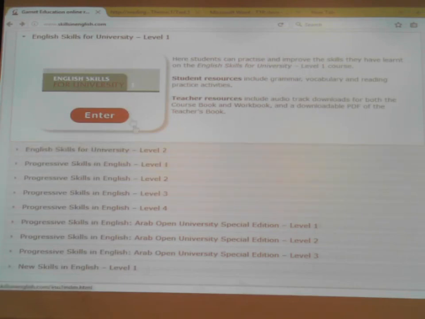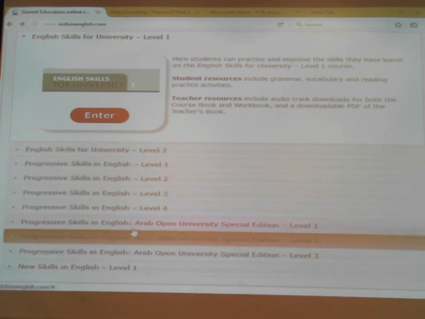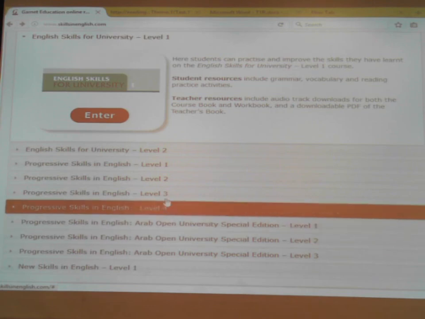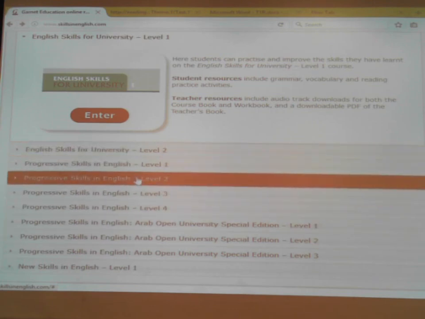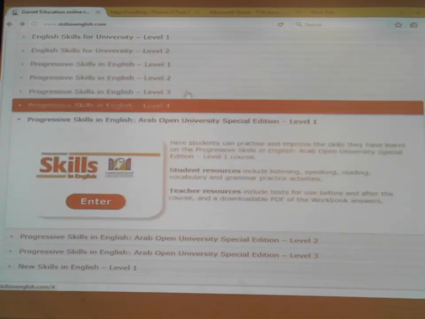This is 097 and 099. But look carefully, progressive skills in English and progressive skills in English, Arab Open University Special Edition. This is not closed. This is even for our students to view and use if they wish to. But I'll direct my students to use the Arab Open University Special Edition.